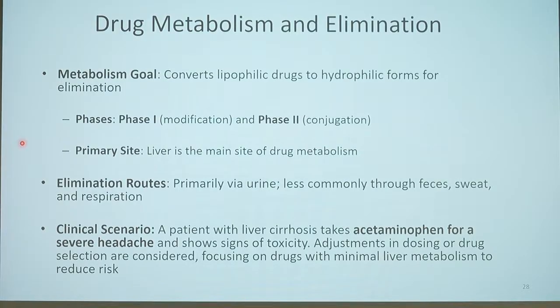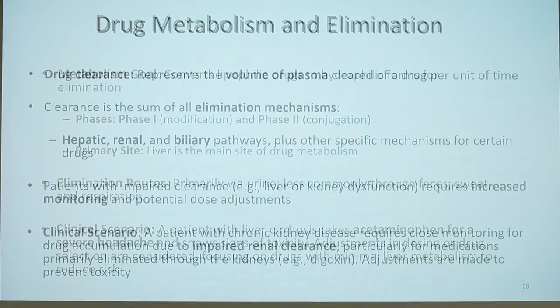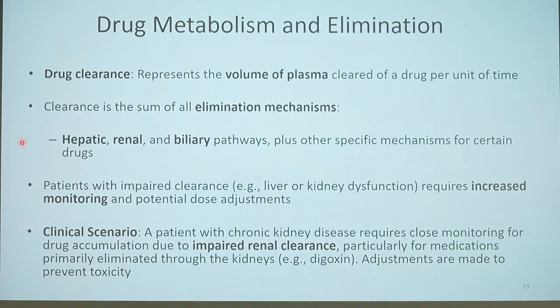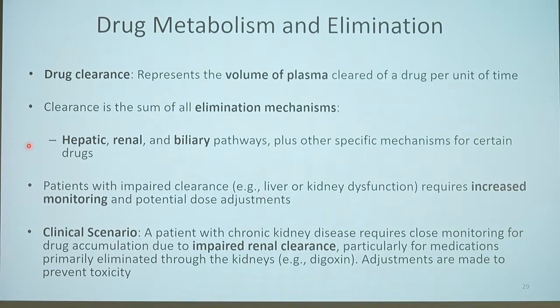And that is just a general principle, not necessarily for TDM drugs, but for drugs in general, if your patient has liver issues or kidney issues. So elimination is additive, and it includes the removal of drug from all the organ systems.